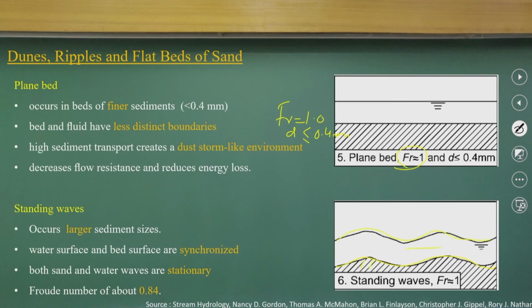With a larger sediment size, the water surface and bed surface waves are synchronized, and both the sand and water waves are stationary. That happens when the flow Froude number is closer to 1 or equal to 0.84.